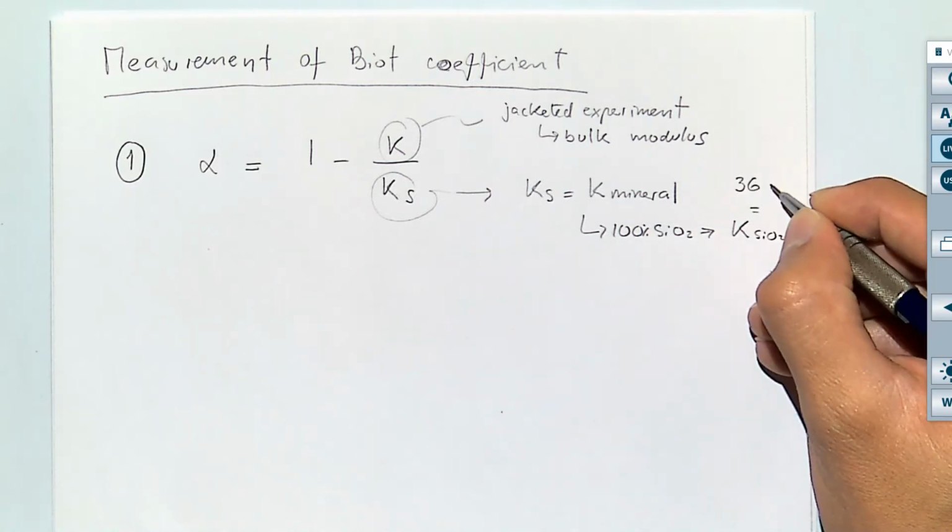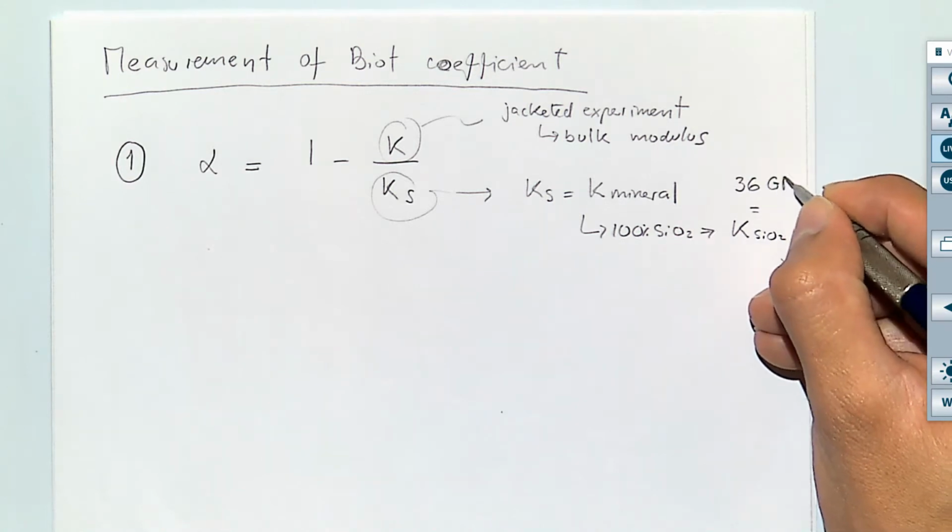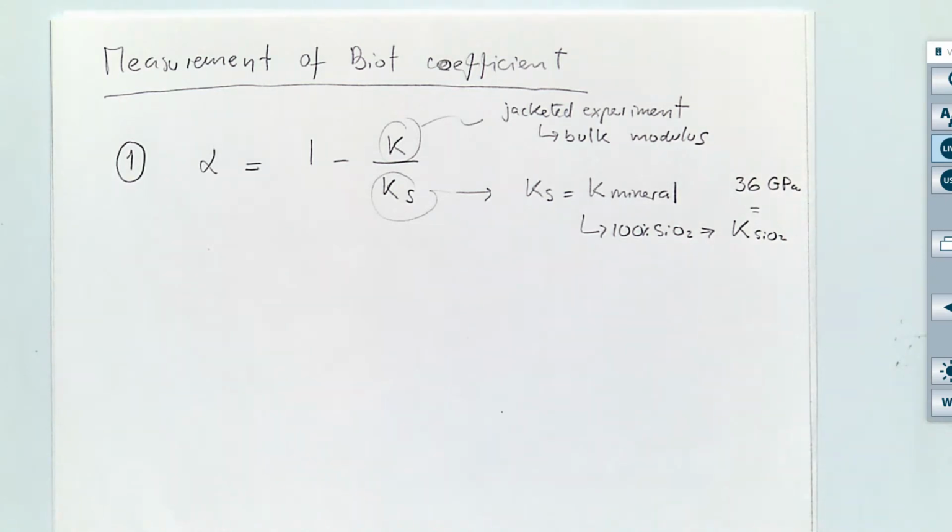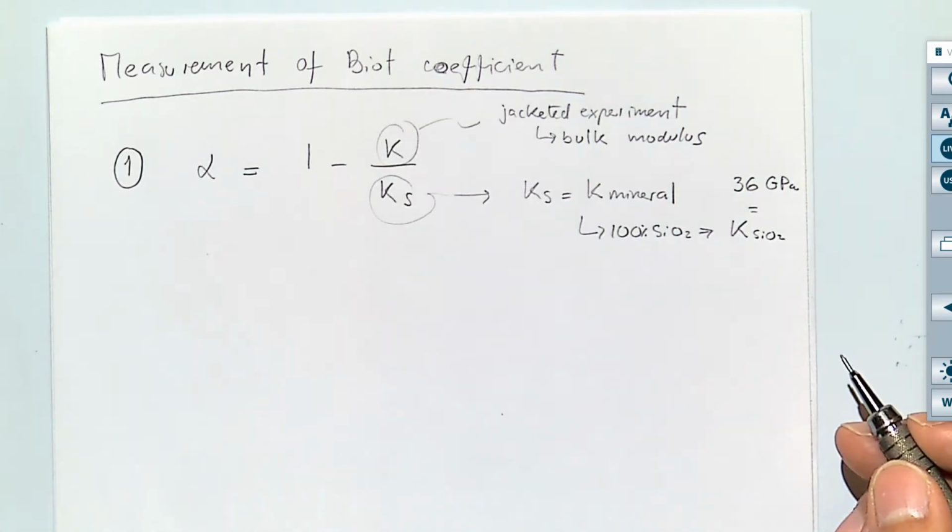Let me write here 36. Or if you have a rock which is, say, 30% dolomite and 70% calcite, then you just do a volume average and you get your K as a function of the bulk moduli of the mineral phases.